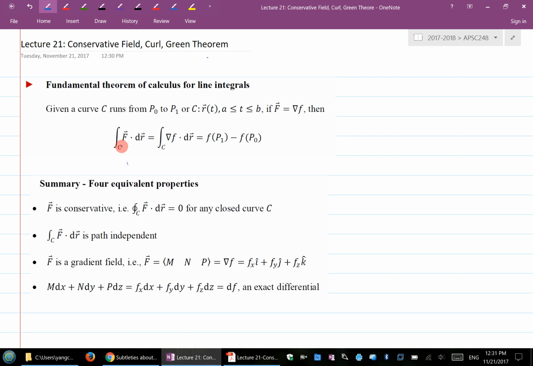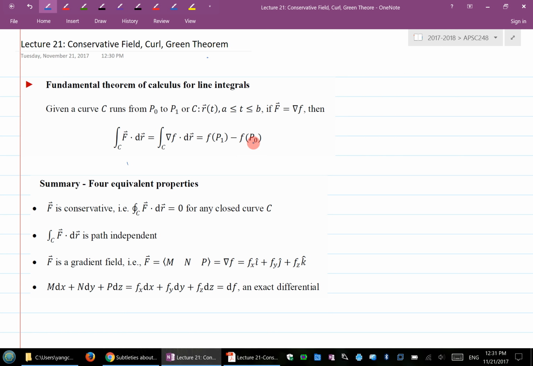Okay. So if you're required to evaluate the vector line integral here, you don't need to compute this vector line integral. You can use this theorem: use the final value of the potential function minus the initial value of the potential function. Then you get these results. Now, every year I test this fundamental theorem of calculus in the final exam, but you don't know.